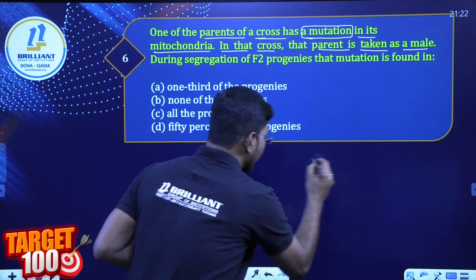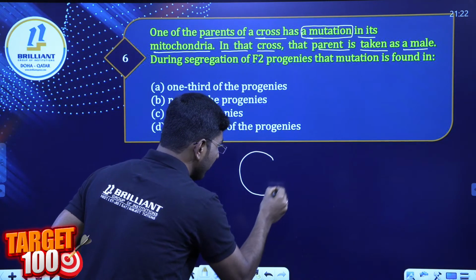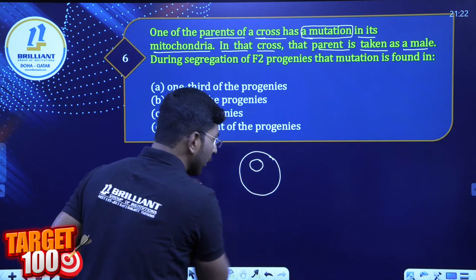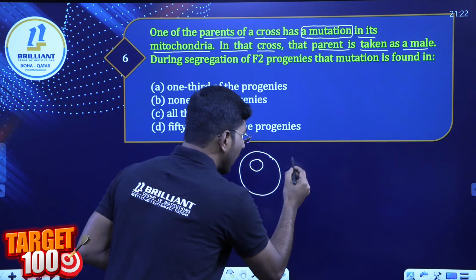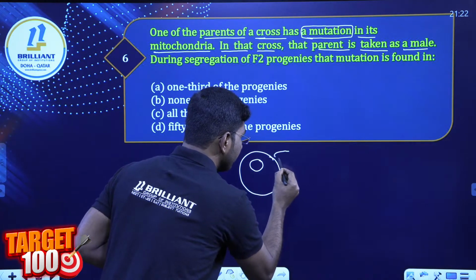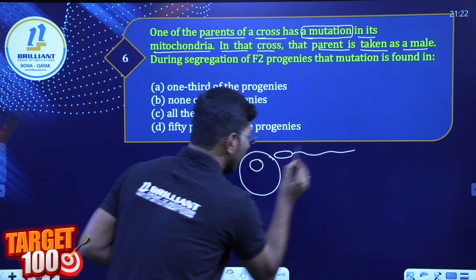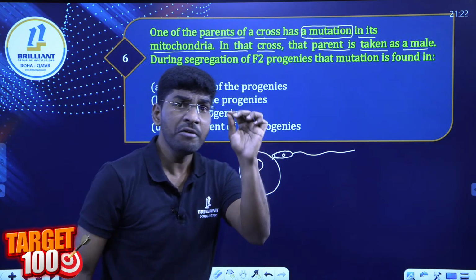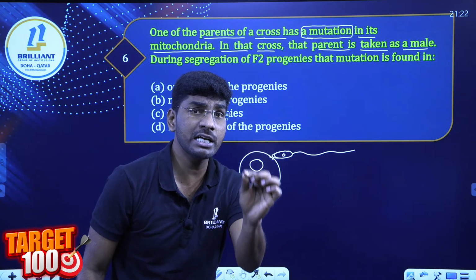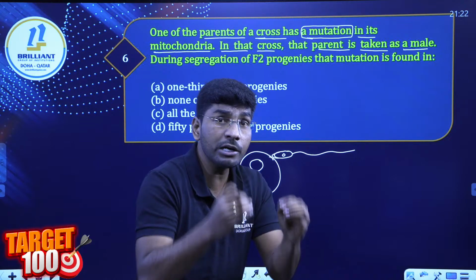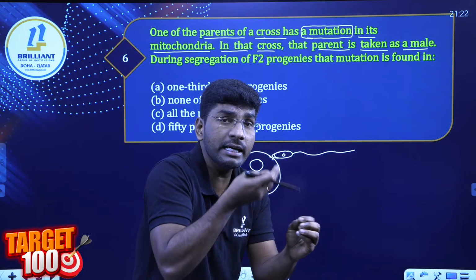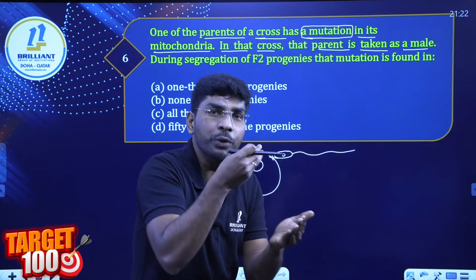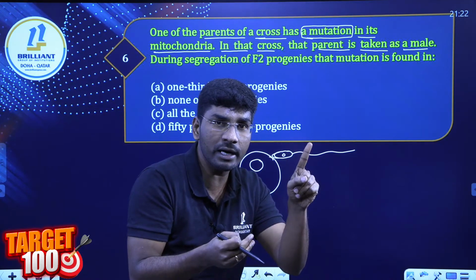Now look at here. Let me take the sperm. This is the secondary oocyte. The haploid nucleus is this one, right? Now this is the sperm. The head part is here. This is called the acrosome. We have learned in the fertilization topic which part of the sperm enters the egg. Only the head part, right?